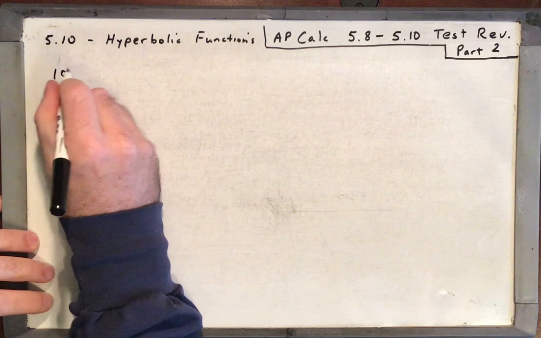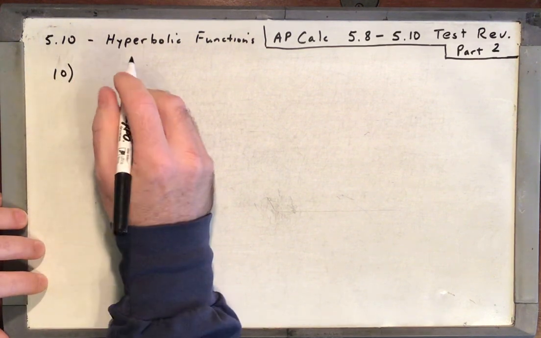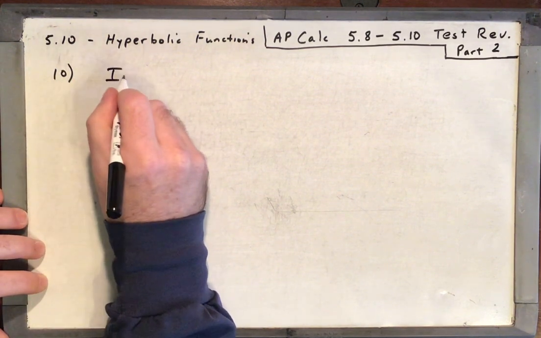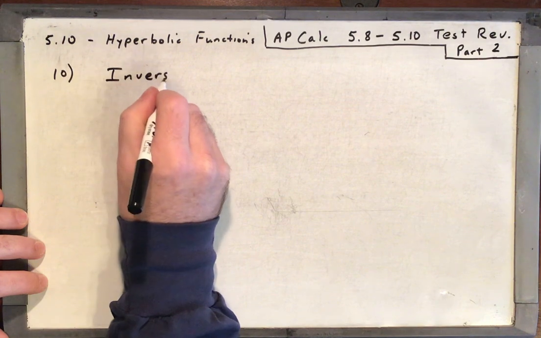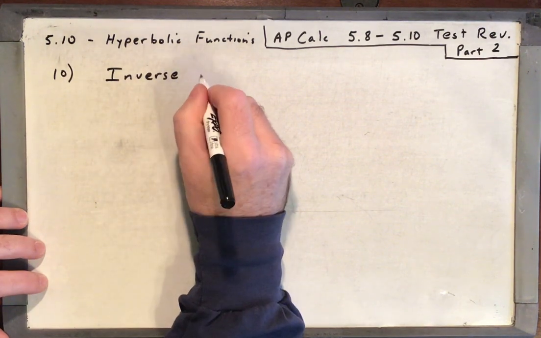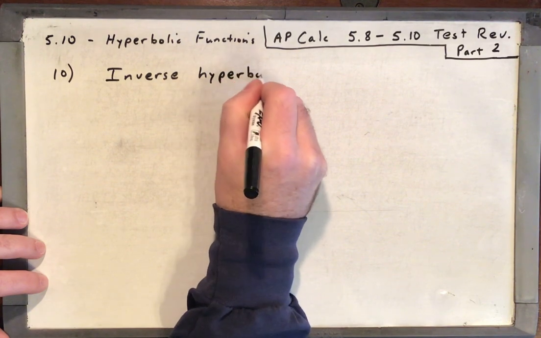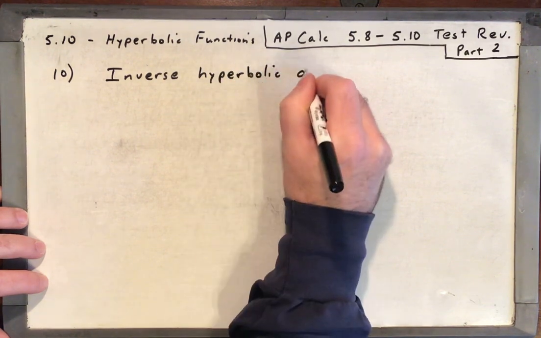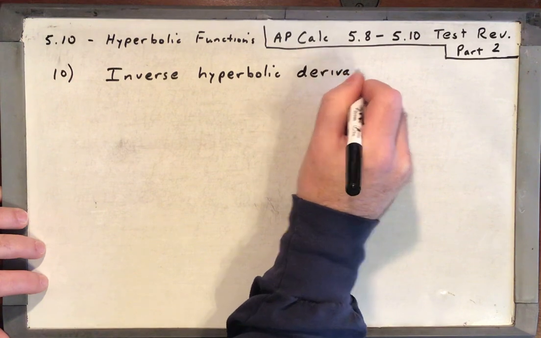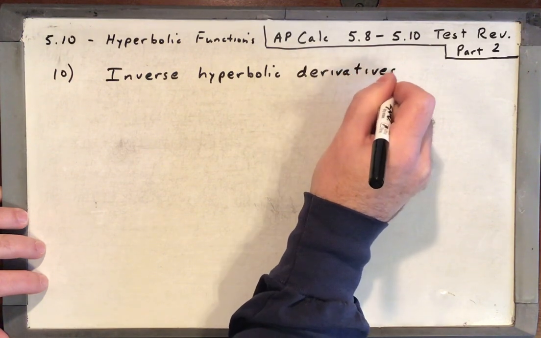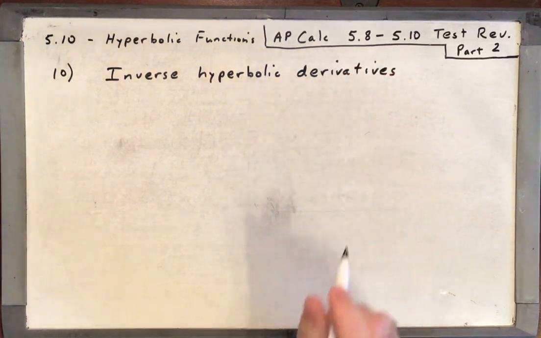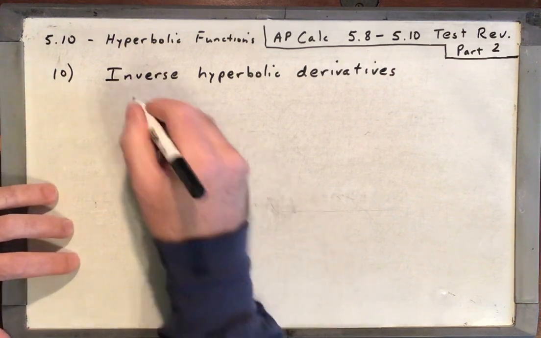All right, topic 10 is inverse hyperbolic derivatives. Goodness gracious. Would anyone take calculus if all of this was on the board with no explanation? It's really not that bad.